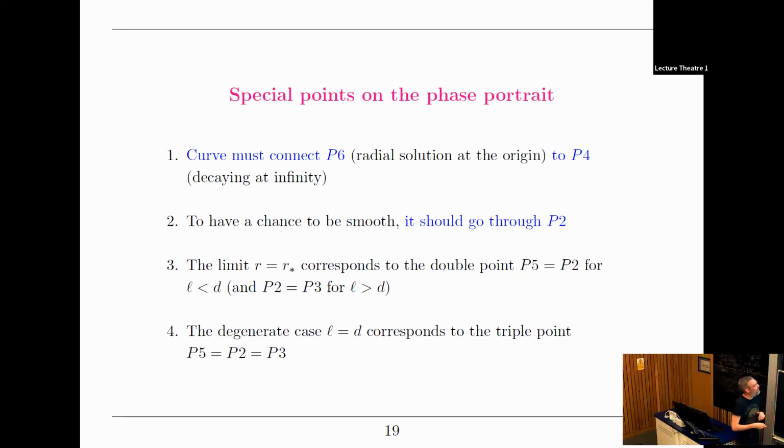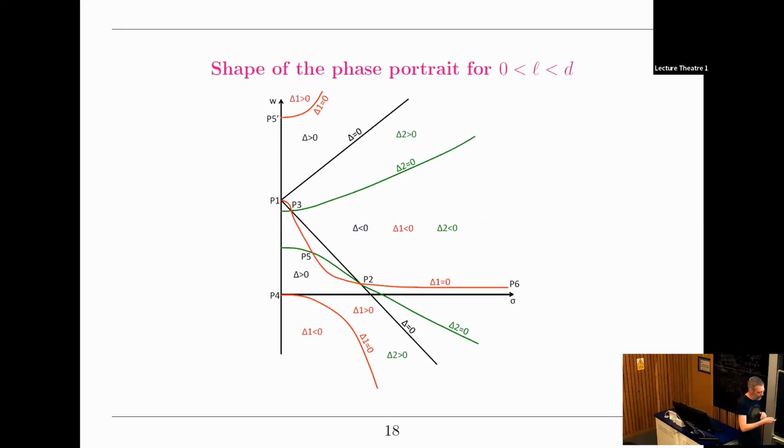Okay, so now the limit, what is this special limit R equals R star? That seems to play an important role. This limit R equals R star corresponds to the degenerate case where P5 is equal to P2. In other words, I did not yet talk about P5. P5 is an equilibrium in your problem. It has both denominators 0, but outside the sonic line. So this is an equilibrium. In particular, I want to avoid this point because if I go to P5, then I don't go to P4.